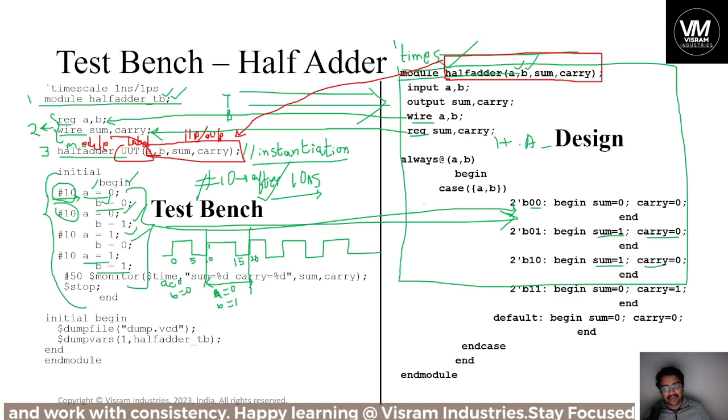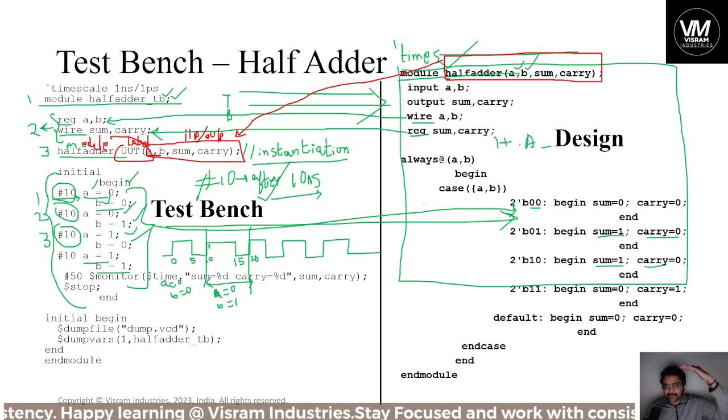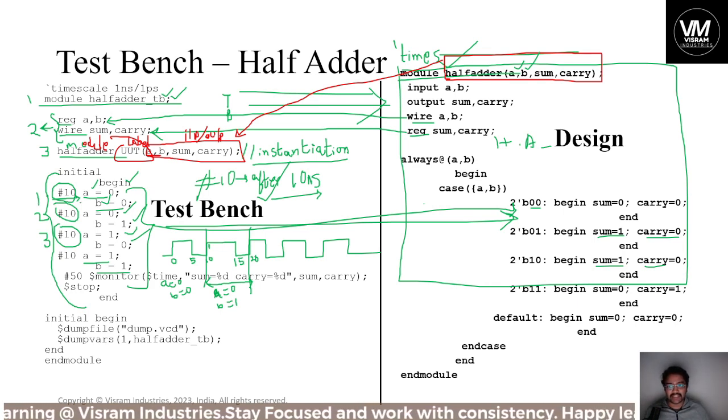Likewise, after 10 nanoseconds, the third step, this is the second step. I'm just explaining how the test bench Verilog HDL code functionality works in the test bench simulation. So after this 20th nanosecond, you will get the 21st nanosecond.